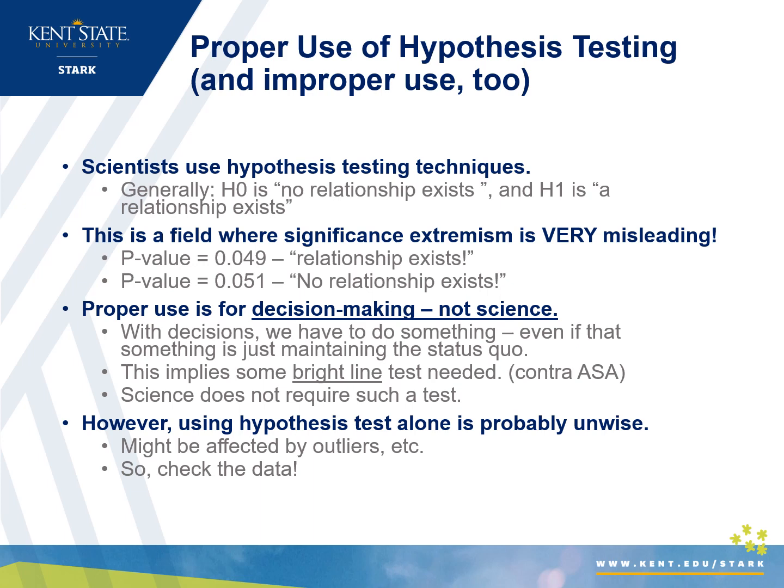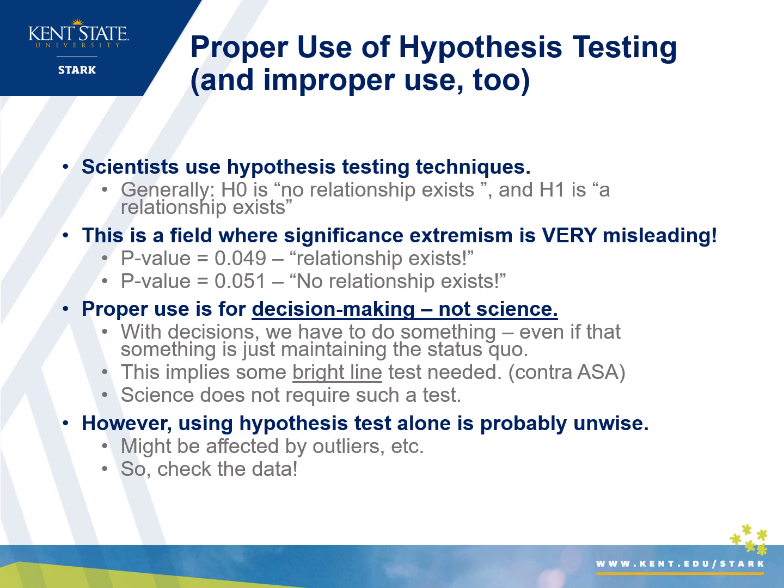A p-value of 0.049 is less than 0.05, so we'd reject the null and conclude that this relationship must exist. However, if the p-value were just a tiny bit higher, say 0.051, we'd not reject the null and conclude that the relationship doesn't exist. This is naturally a little bit silly. That small a difference shouldn't totally reverse our conclusions.